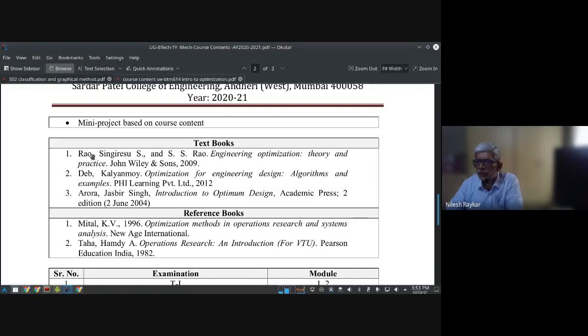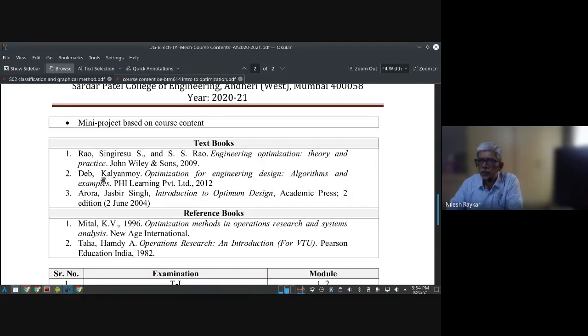Part of what I discussed now is taken from the book of SS Rao, and also another book, Jasbir Arora, Introduction to Optimum Design. So these 2 books, half of the course would be covered by a combination of them.